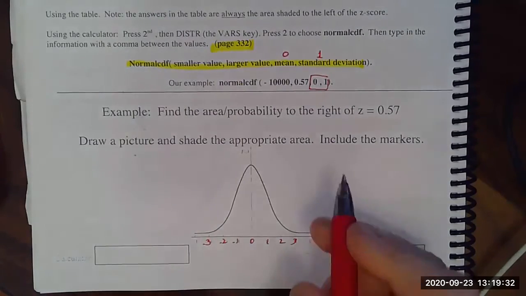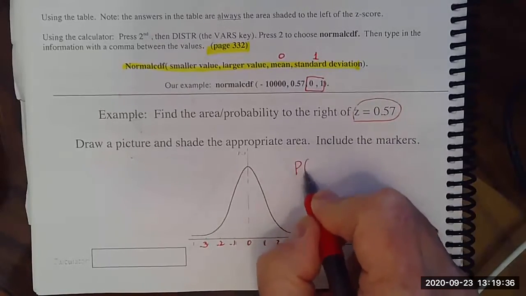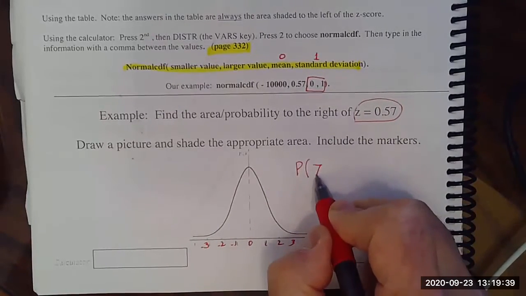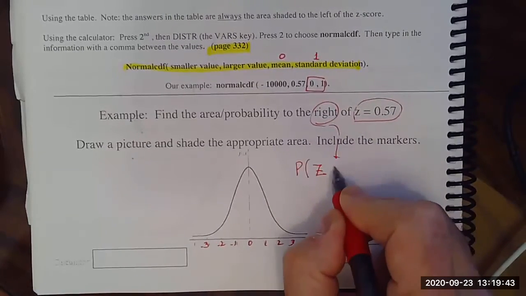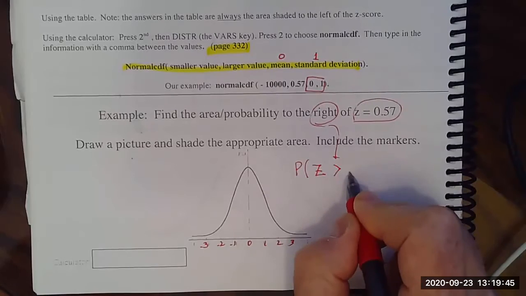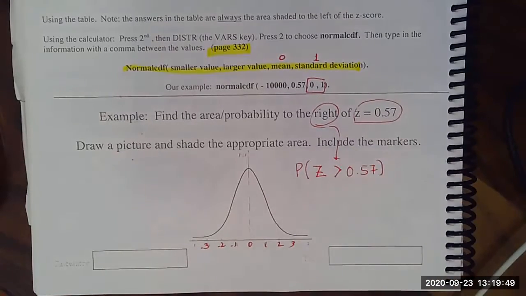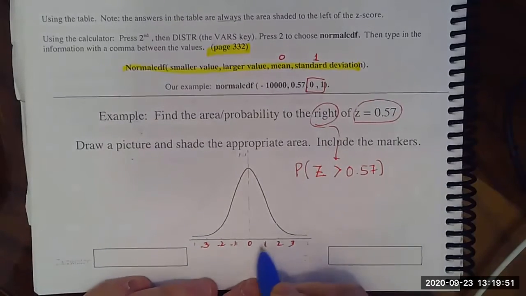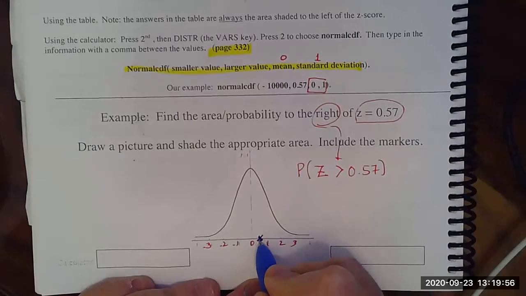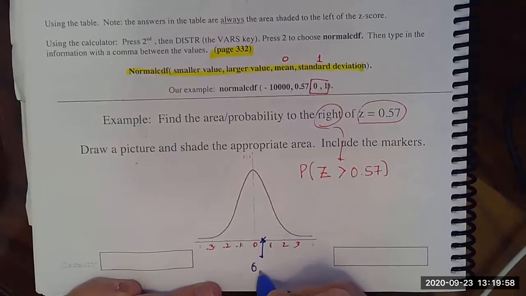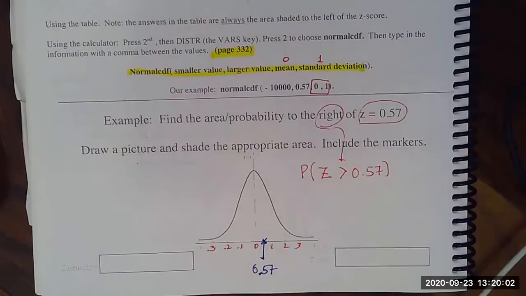Okay, now I'm going to find this. So if I'm going to do probability, you'll say the probability that the z-score is greater than 0.57. So with my blue pen, 0.57 on the number line is about right there, and then to the right.